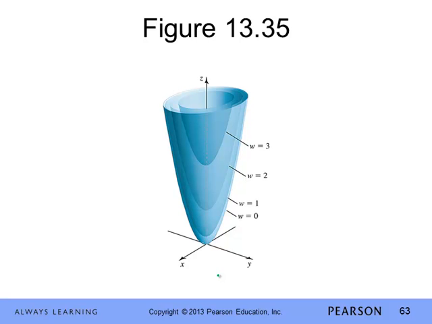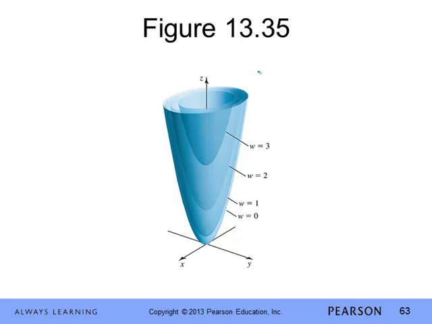So we talked about level surfaces, right? That's where if you have a function of 3 variables, the graph is a 4-dimensional surface, which we can't even visualize because all we know how to visualize is in 3 dimensions. But you could set w, the dependent variable, equal to some different constant values.